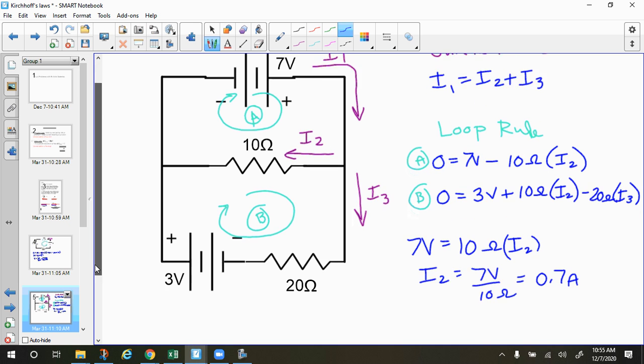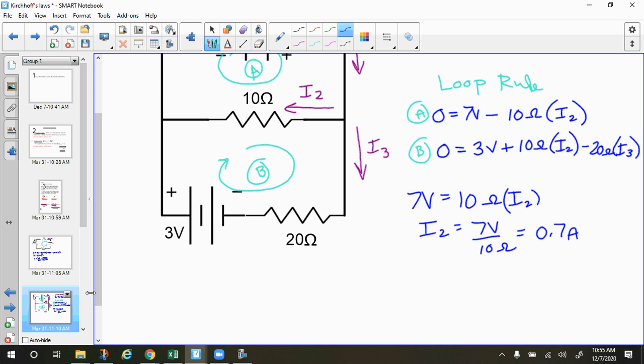Once I have that one, let me draw some arrows here so that you know what's what. So that's there. And then now I can use this equation since it has I2 in it and I know what I2 is, and then I3 is the only variable that's unknown there. So we'll just move the 3 volts over.